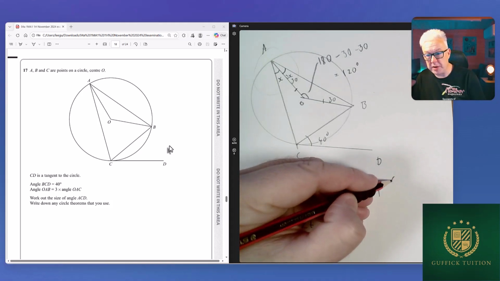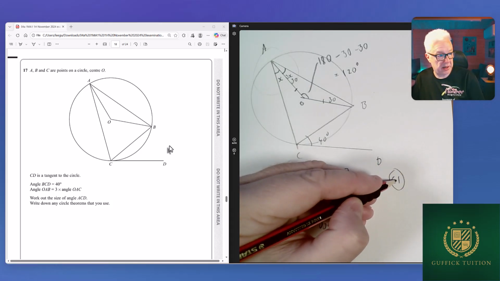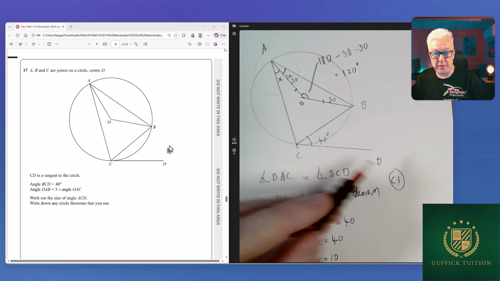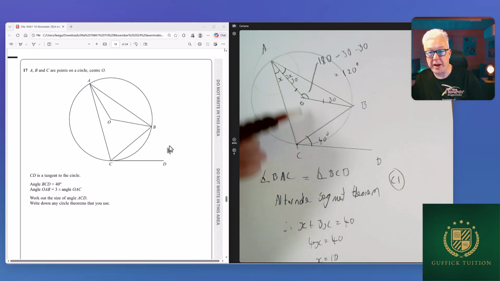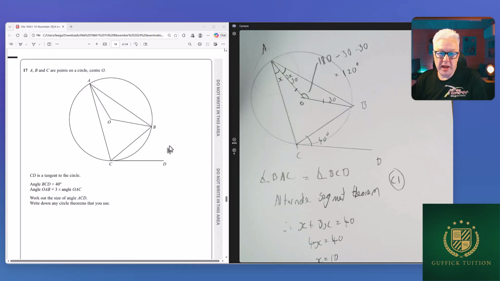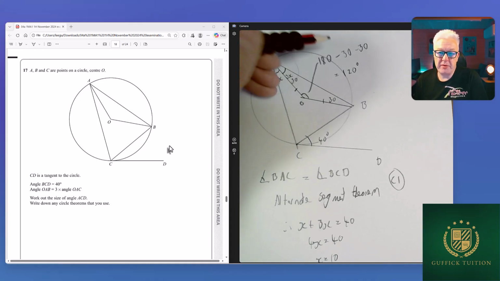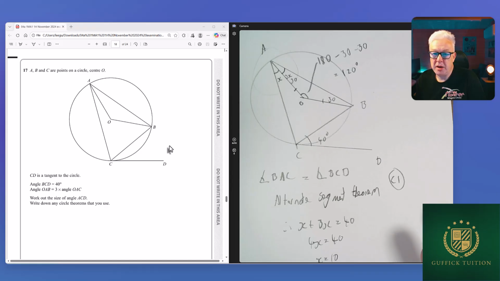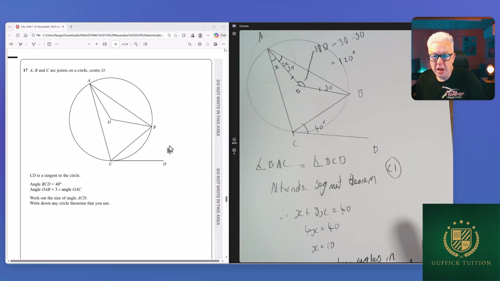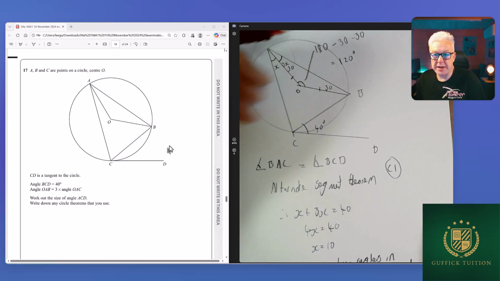So we've got that mark for stating that we use the alternate segment theorem. We're not really going to get any extra marks by writing down every single reason for every step, so I don't really need to do that moving forward. Okay, so that's going to be 120.